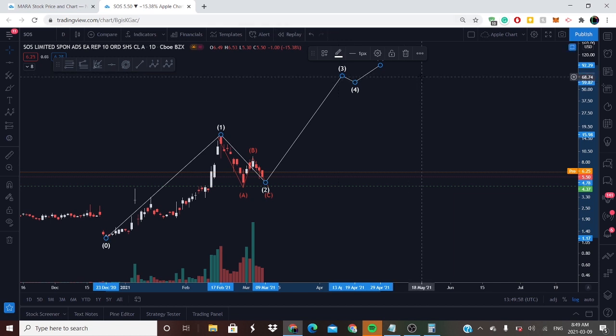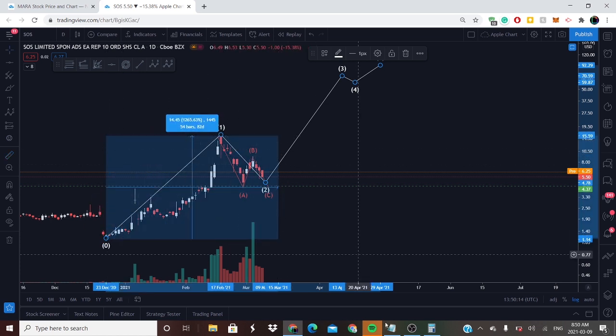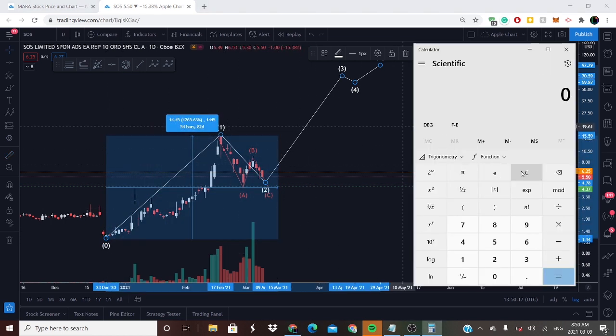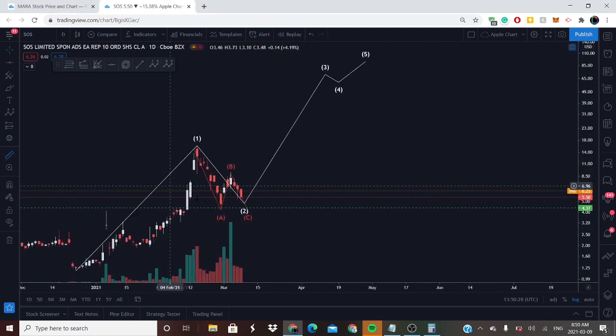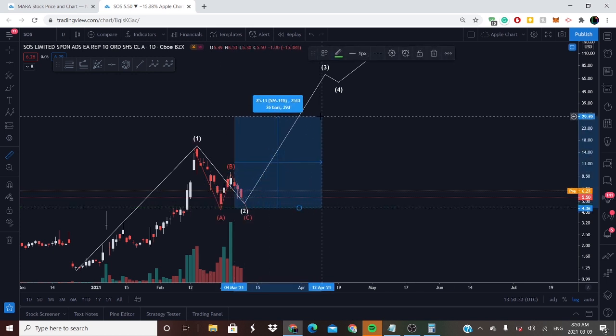So to calculate the price target of wave 3, what we can do is, if I know exactly, it's 161.8% of wave 1. So that's 14.45. And if I take 14.45 and multiply that by 1.618, I get 23.38. Okay. Then I'll take the bottom of this wave, 23.8.